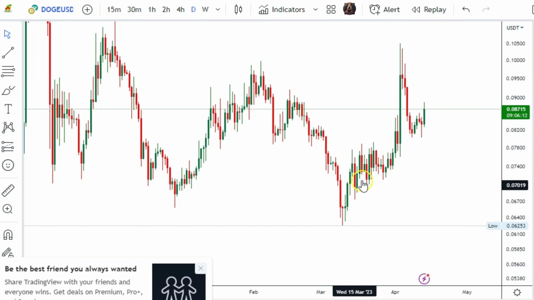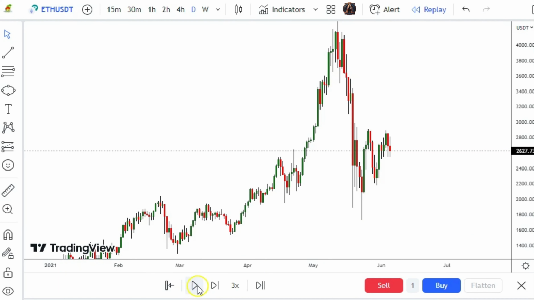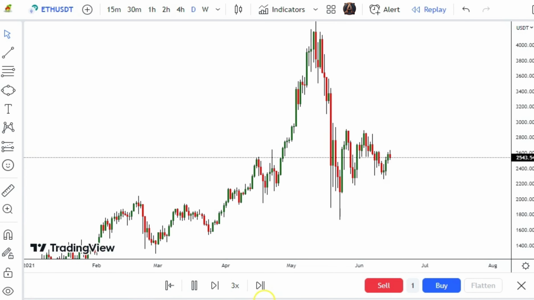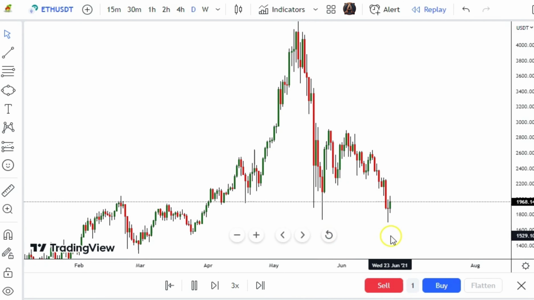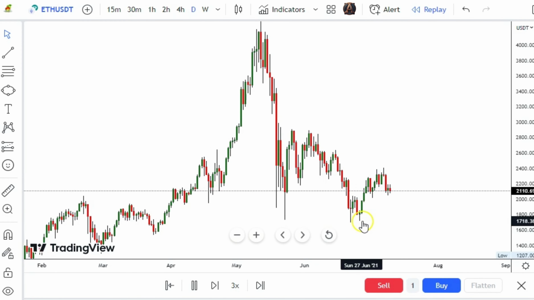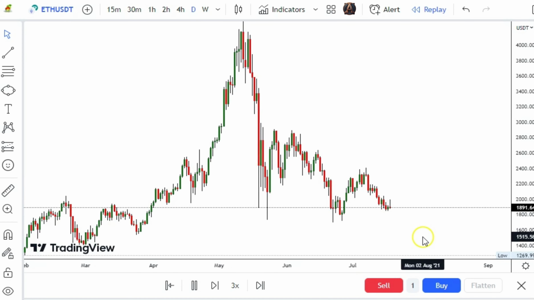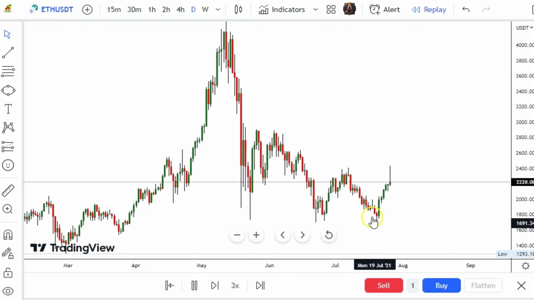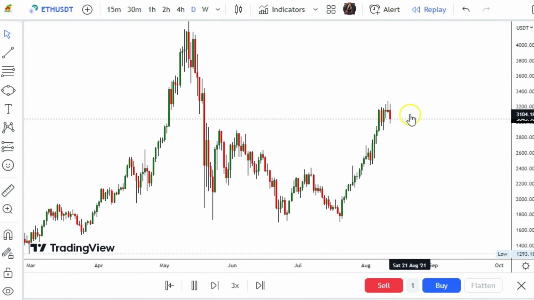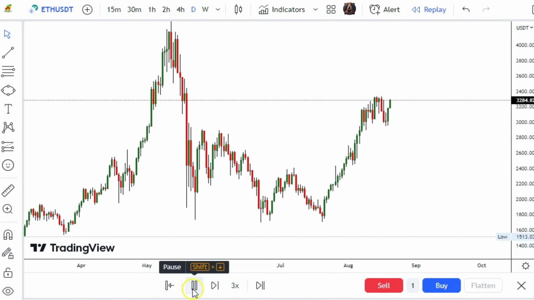In the next chart, we'll see that the candle here is a hammer candle, again a hammer candle, and a confirmation candle, and a very strong upward movement has formed here.